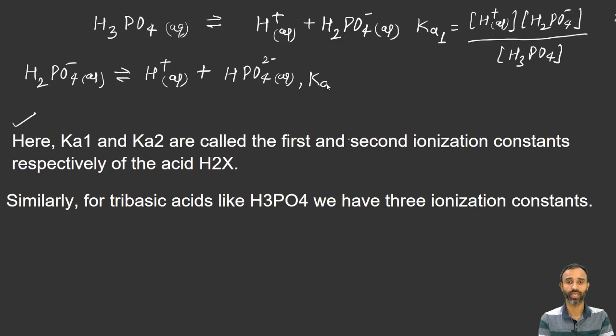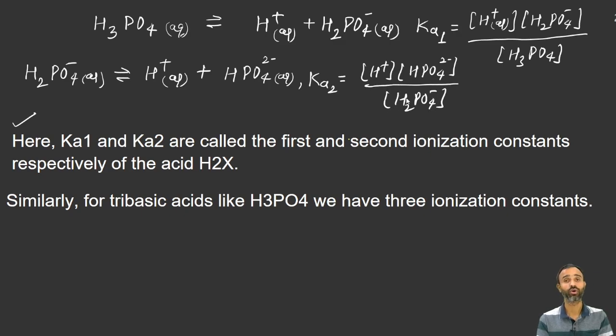So Ka2, that is the second dissociation constant, becomes H plus ion concentration times HPO4 2 negative concentration divided by H2PO4 negative ion concentration.